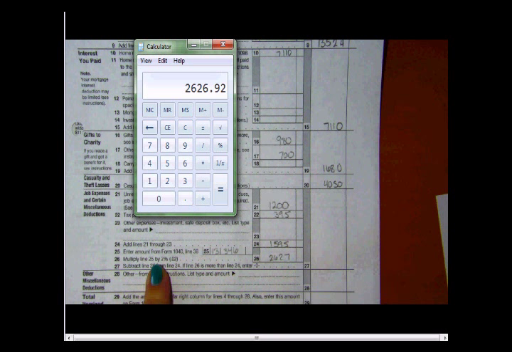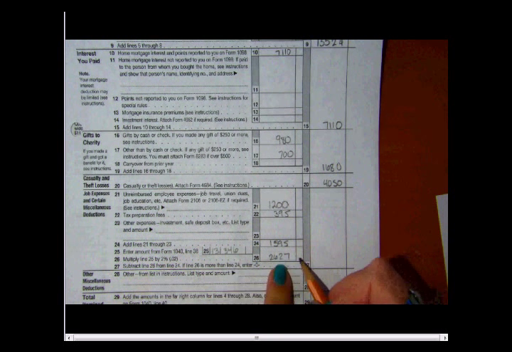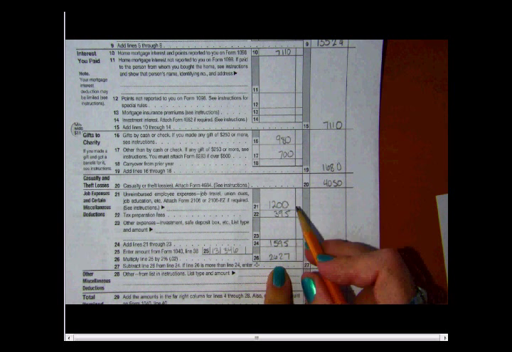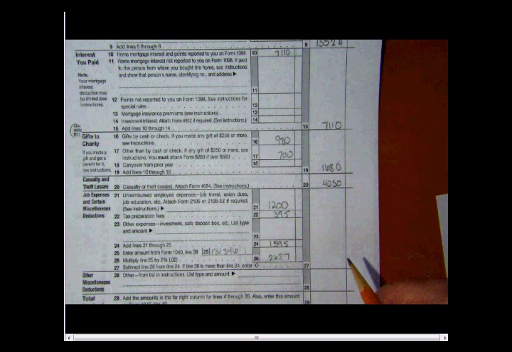So 2627. Line 26 is greater than line 24. So you can't make these deductions because you're only allowed to deduct a certain percentage of your income, it has to be above a certain percentage of your income. So this has to stay 0.